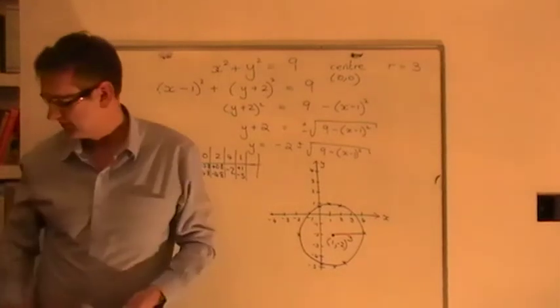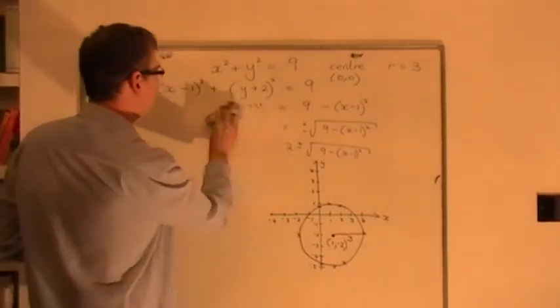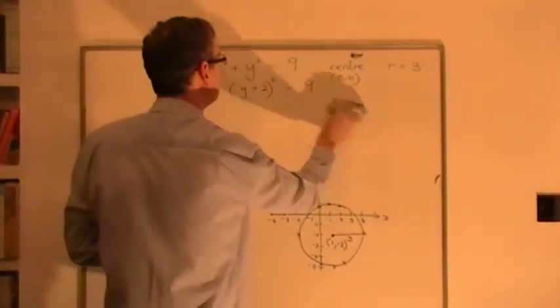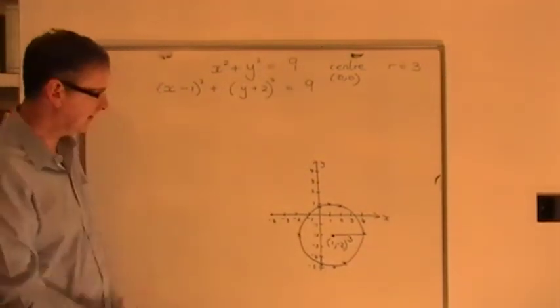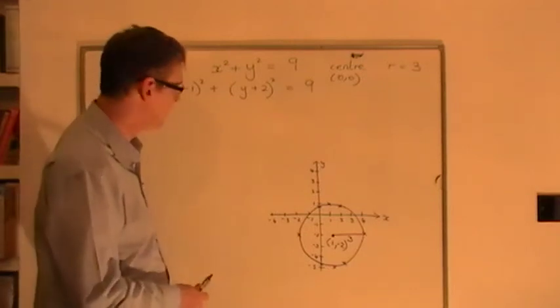Okay, let me just make some space. I'll get rid of all of this now. Get rid of all of this. Leave the picture and leave the equation that I was looking at. I think you can now see, and I wonder how many of you were actually correct in your prediction.